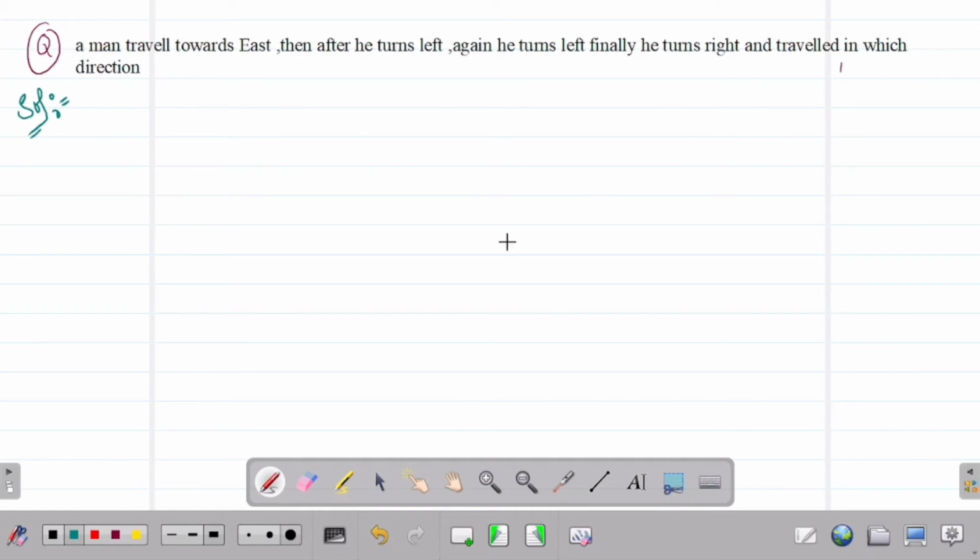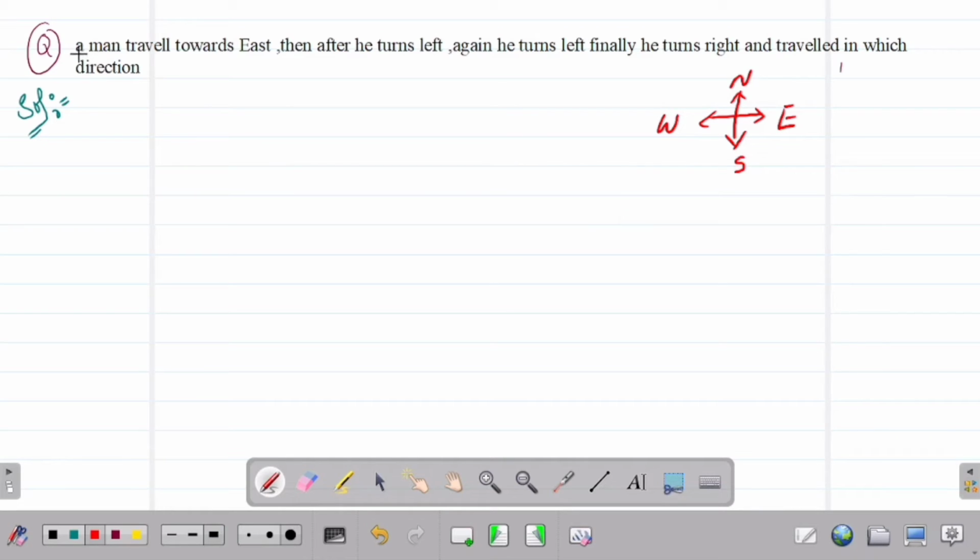First of all, before starting any problem, we need to draw this simple diagram, which is very important: east, west, north, south. This is clear, right?